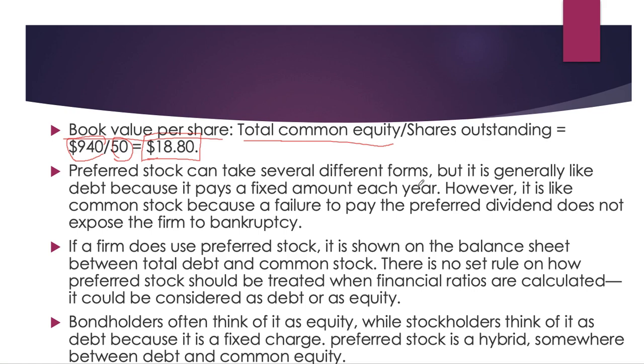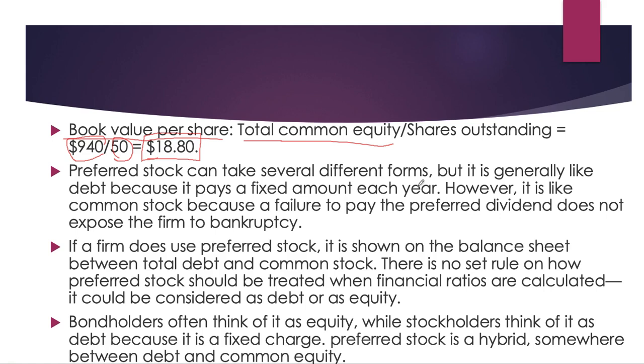So this is also an important difference. And if a firm does use preferred stock, it is shown on the balance sheet between total debt and common stock. And there is no set rule on how preferred stock should be treated when financial ratios are calculated. It could be considered as debt or as equity.